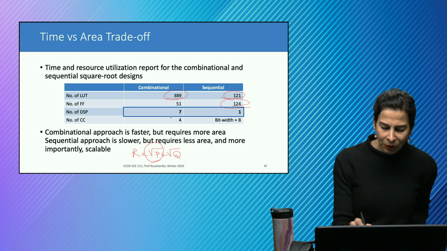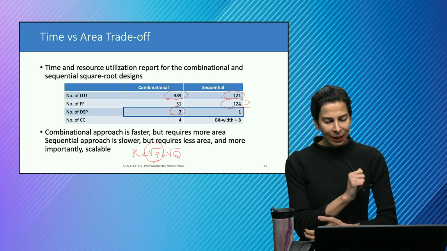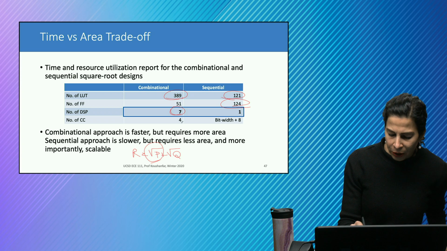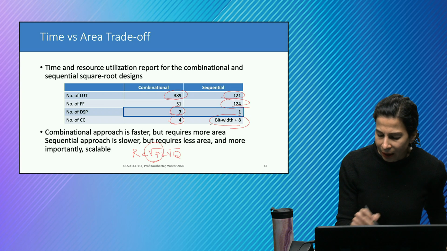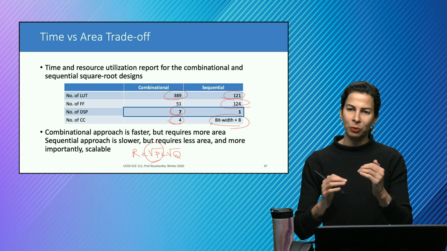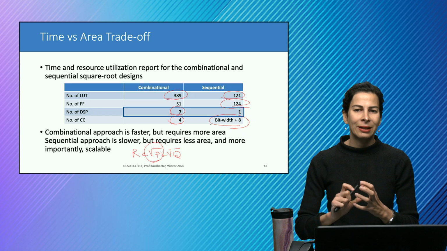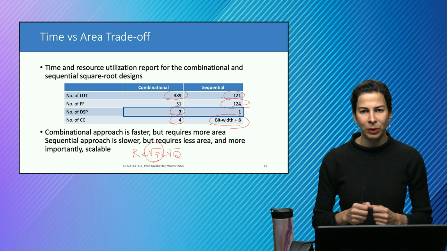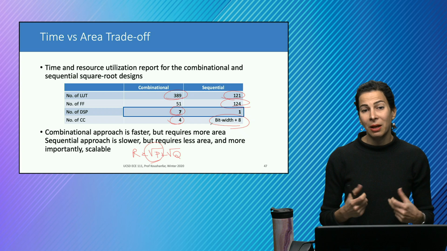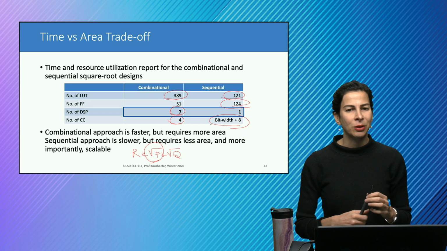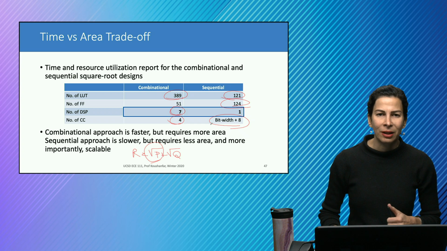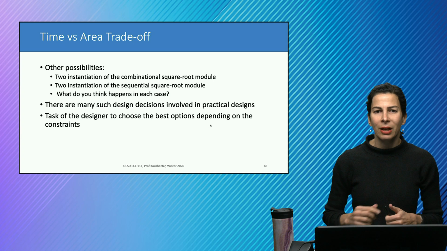Here you see an example where more resources are used, but the number of cycles is shorter, so the time is less than the sequential, because in the sequential we are adding some control and we have a longer bit width. So the combinational approach is faster but requires more area. The sequential approach is slower but requires less area. This is basically a design trade-off.